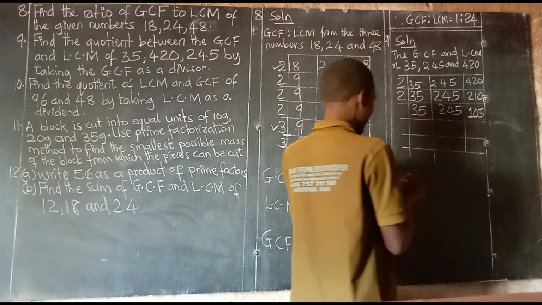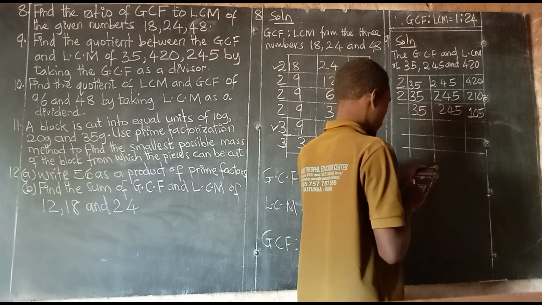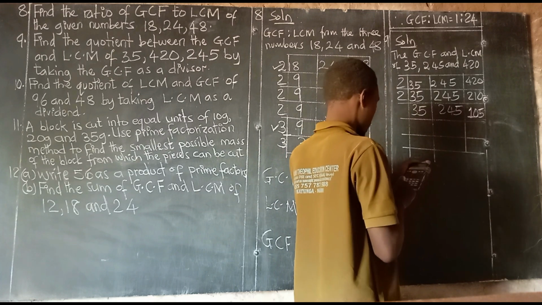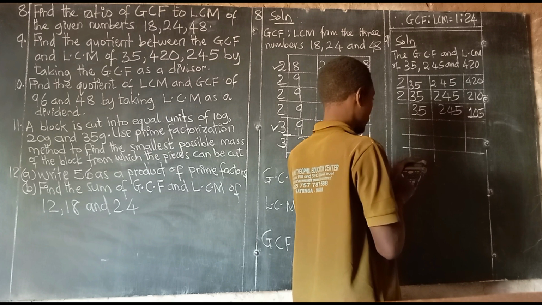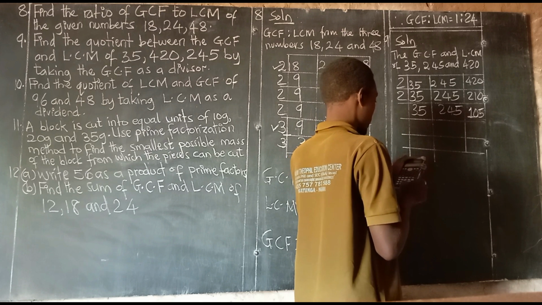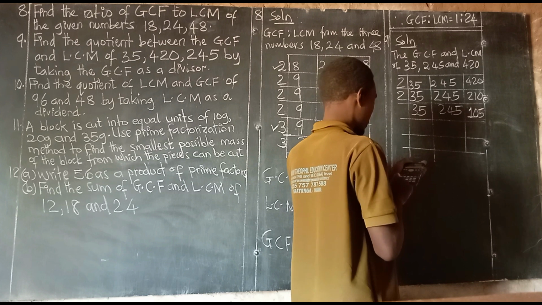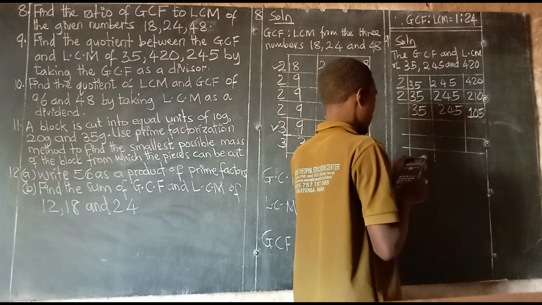Let us trace by 3 if there is no n which is divisible completely by 3. For example, 245 over 3, it is not divisible completely without a remainder. 105 over 3, yes, it is divisible.